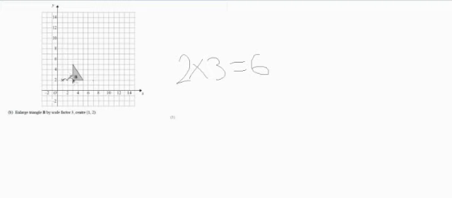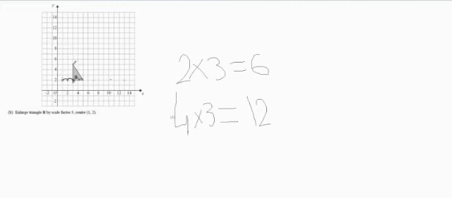Now let's make the other point. The other point has a space of 4 squares. So make 4 multiplied by 3, which is 12, and count 12 squares. It will be here.